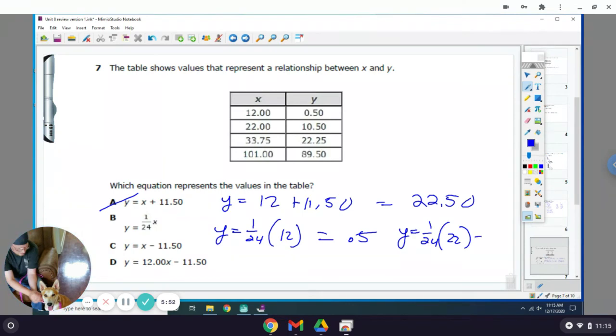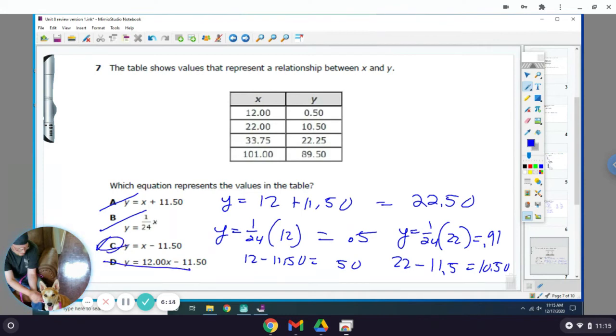So no, this is not right. Next one is you subtract. So you're going to do 12 minus 11.50, which is 50 cents. And then the next one would be 22 minus 11.50, which is 10.50. All right, so C might be correct. And D says you multiply by 12 and then subtract. That's not correct. So C is the best answer.